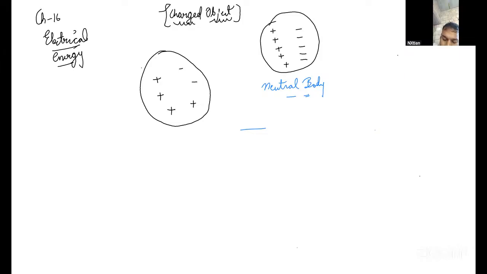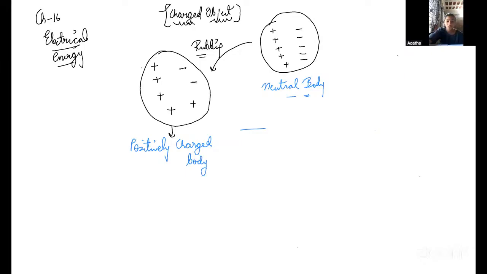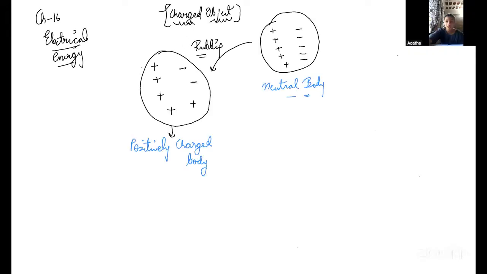For example, 5 protons and 2 electrons. So this body is called a positively charged body. A body with more protons is called a positively charged body.